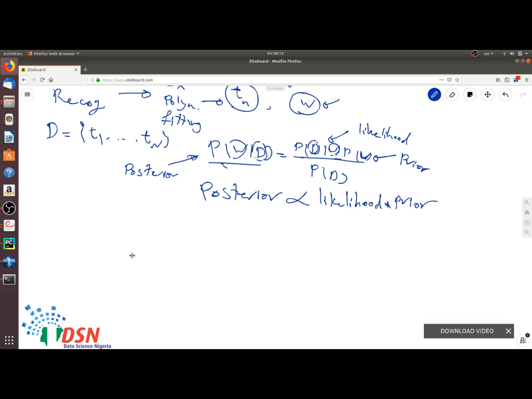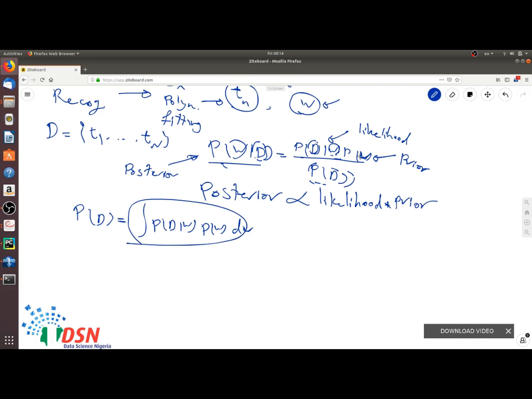Okay, and don't worry too much about this, because it is just a normalization factor. As you know, we could expand this based on the probability density function of the dataset given W times P of W dW, and this is actually a number.